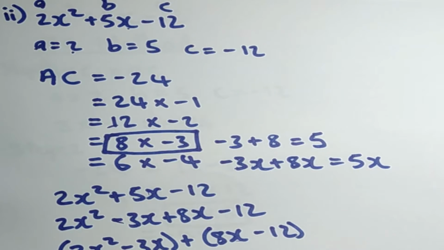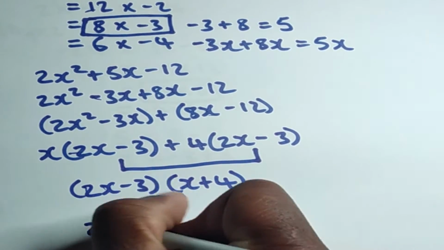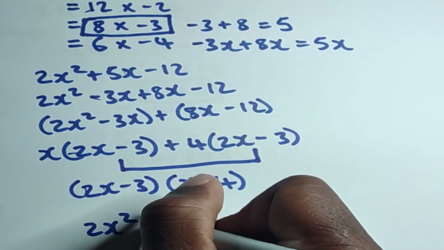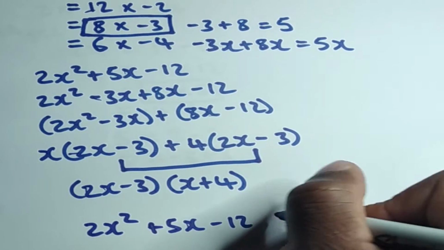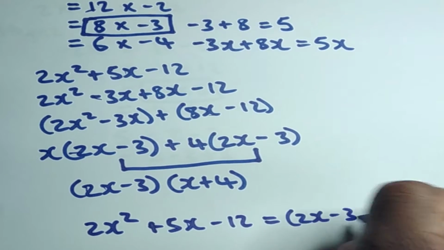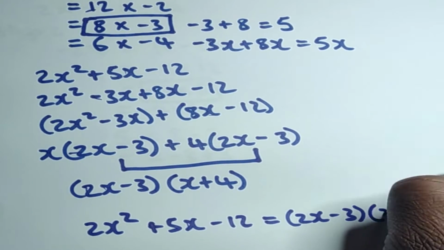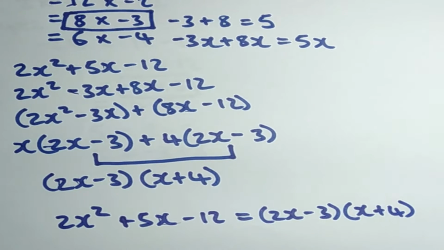So 2x squared plus 5x minus 12 is the same thing as 2x minus 3 in bracket and x plus 4 in bracket. That is pretty much how we treat part 2 of the January 2017 paper.